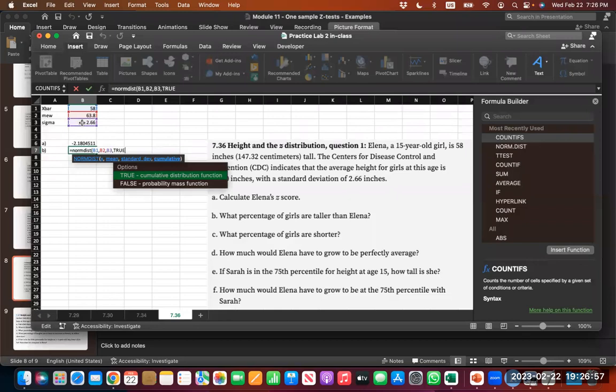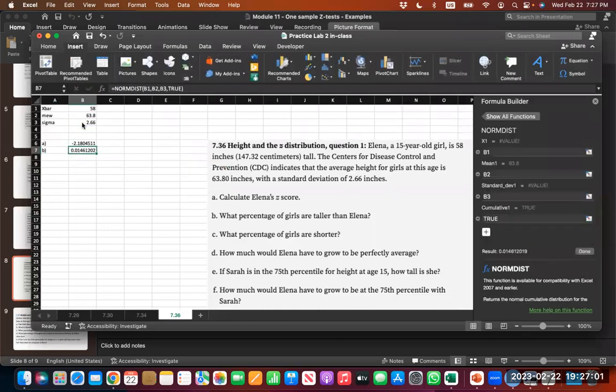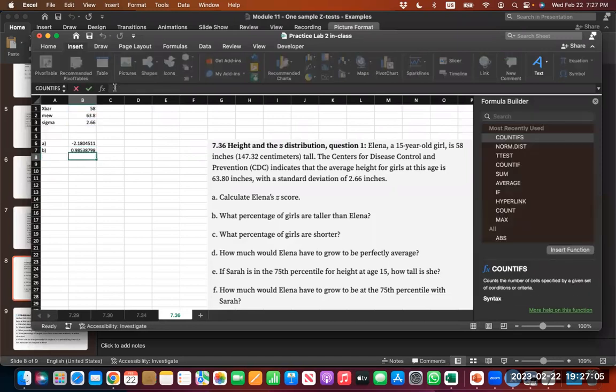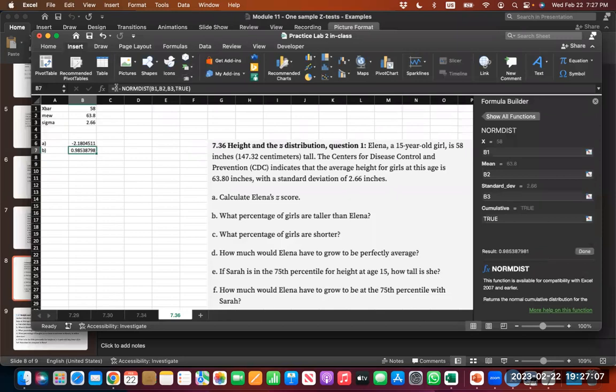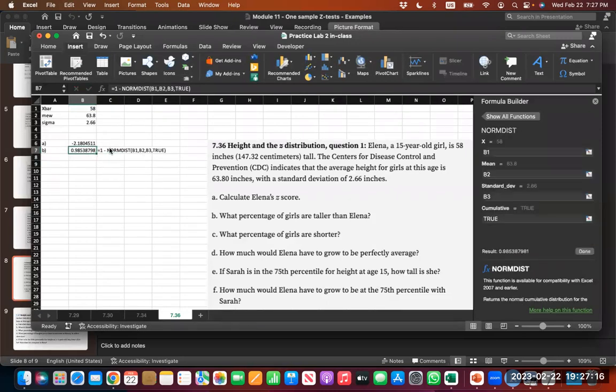And you want to have this cumulative. But you need to invert it, you need to do 1 minus that. So based on this equation, you know that 98.5% of all the girls are going to be taller than Eleanor. Because a z-score of minus 2.18 is rather on the smaller end.